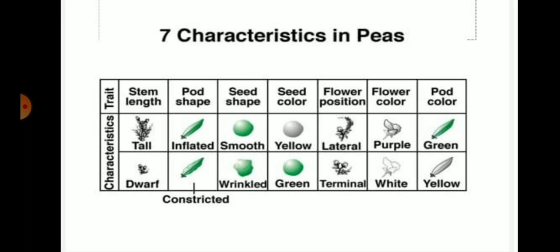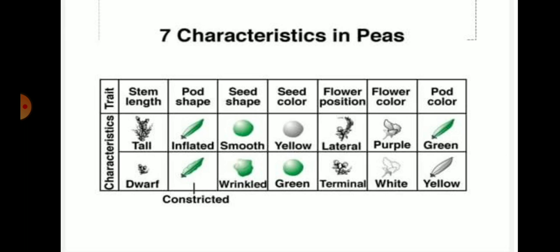Mendel studied seven characteristics of the pea plant for his hybridization process and genetic concepts.